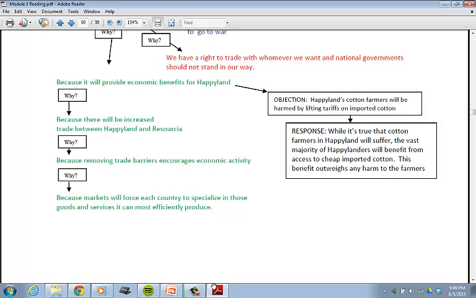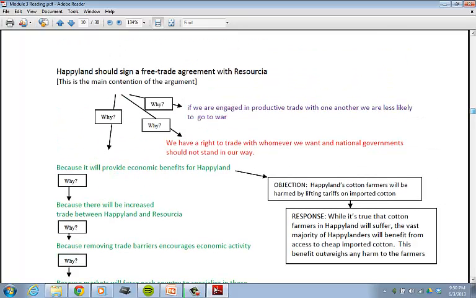And we might say, well, why is that the case? And then the response would be, well, markets will force each country to specialize in the goods and services that those countries can themselves most efficiently produce. So it encourages specialization, market specialization. Now, whether that's true or false, we'll leave it at that. That's the only point here, to lay out the total structure of the given argument.